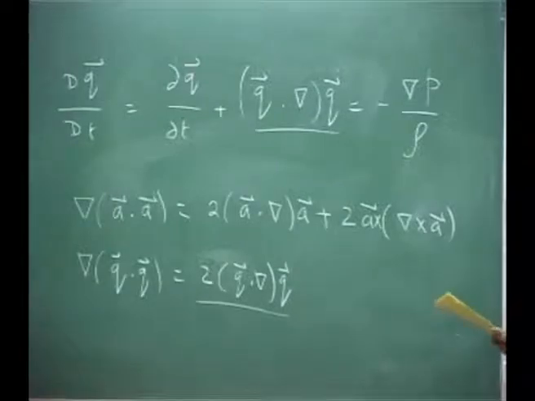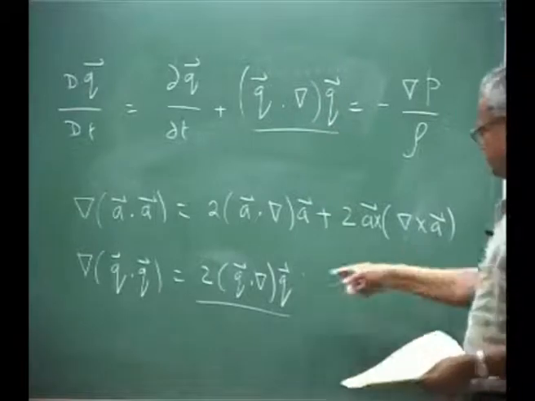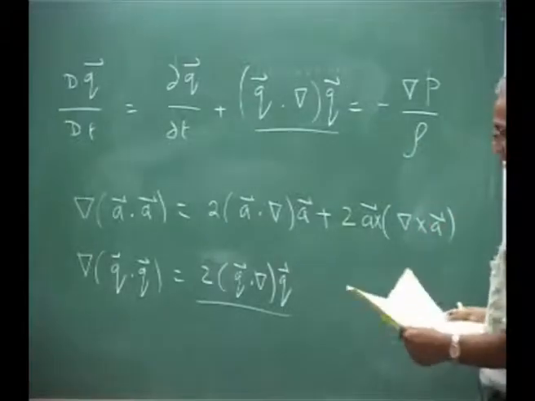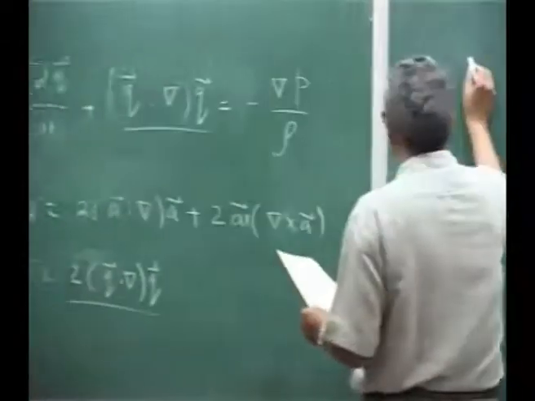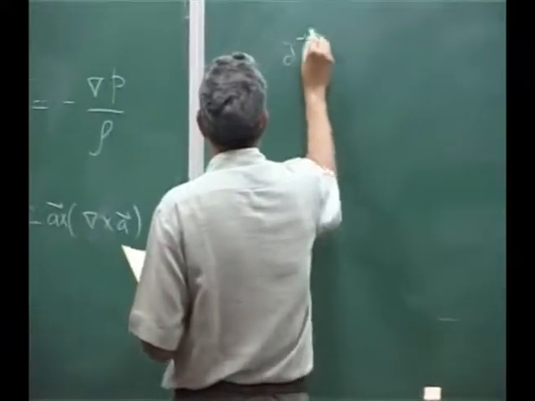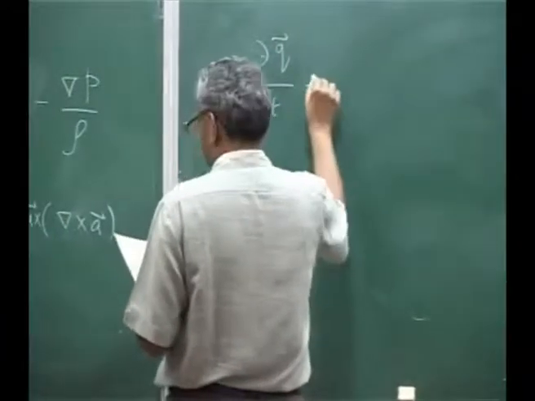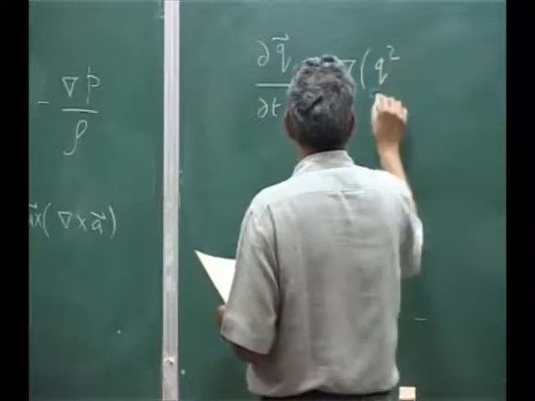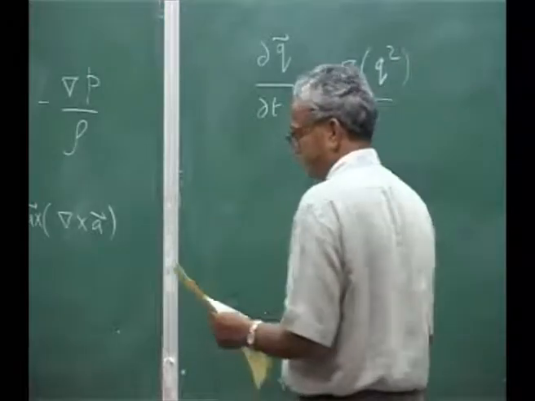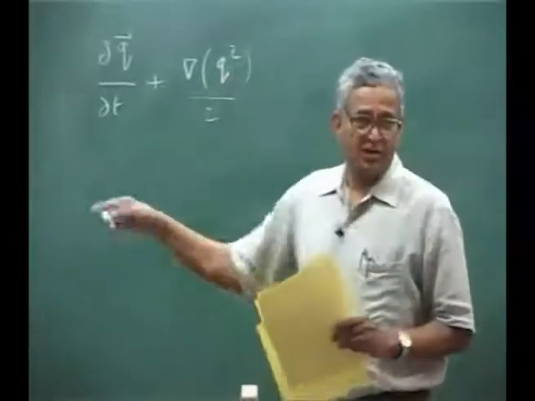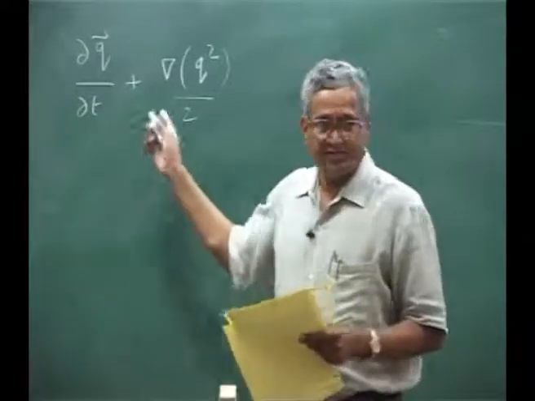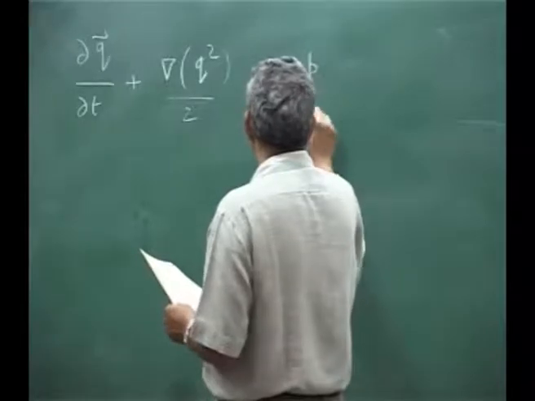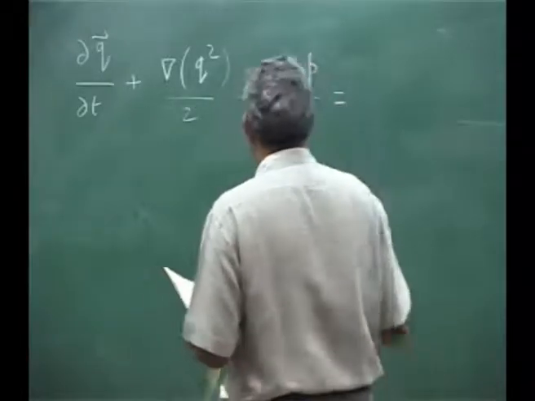Now you can replace this, and q is del phi, so automatically del cross q is 0. So the momentum equation becomes delta q over delta t plus del of q square over 2, because q dot q is the magnitude of q squared, plus del p over rho is 0.